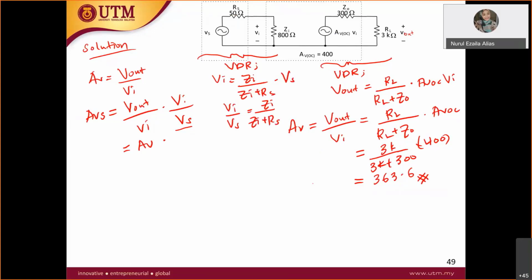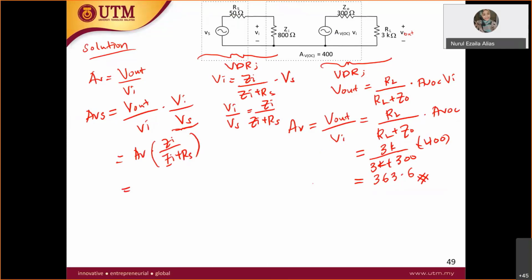Now do you have this portion? Yes, you already have it. V out over V in is AV, and V in over VS is actually Z in over Z in plus RS.